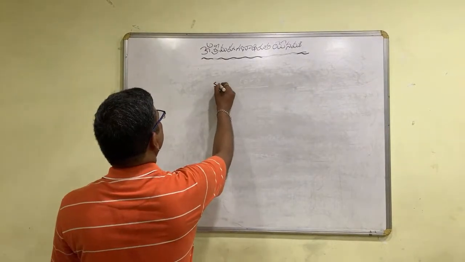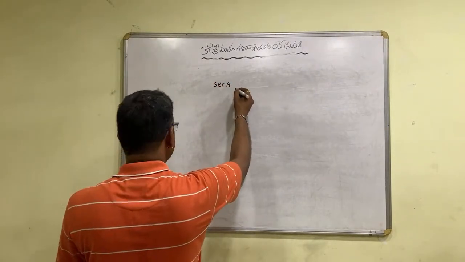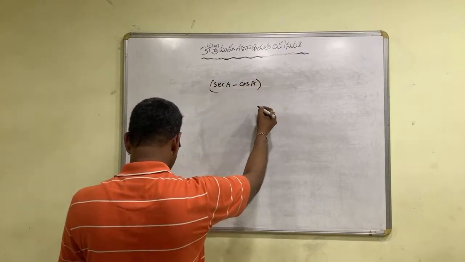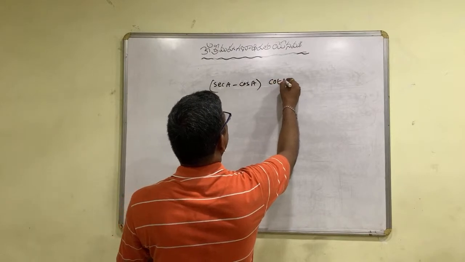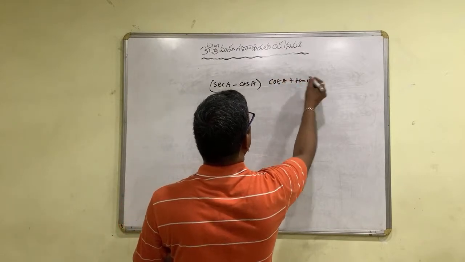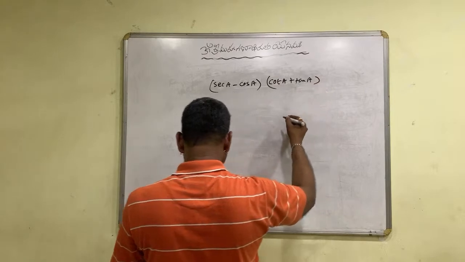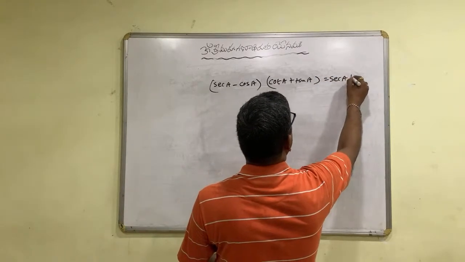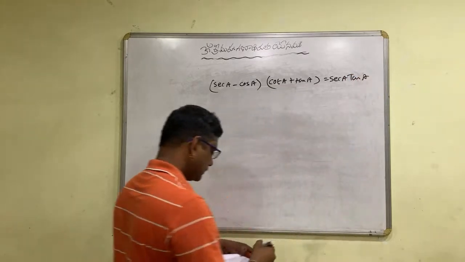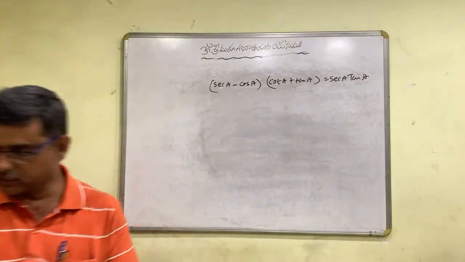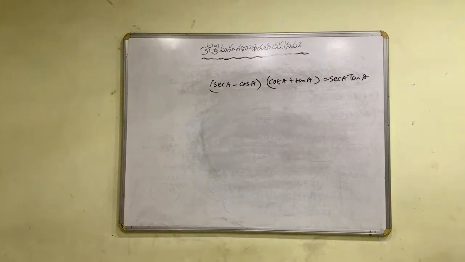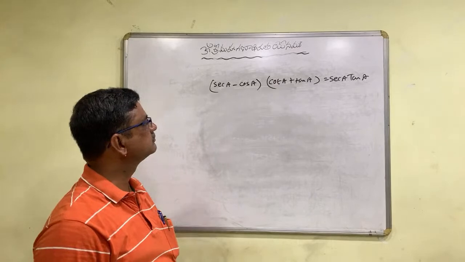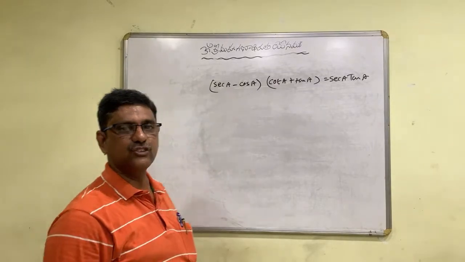Secant A minus cos A into cot A plus tan A, and the answer is secant A tan A. The answer is secant A tan A. Okay, see the problem and the answer also.